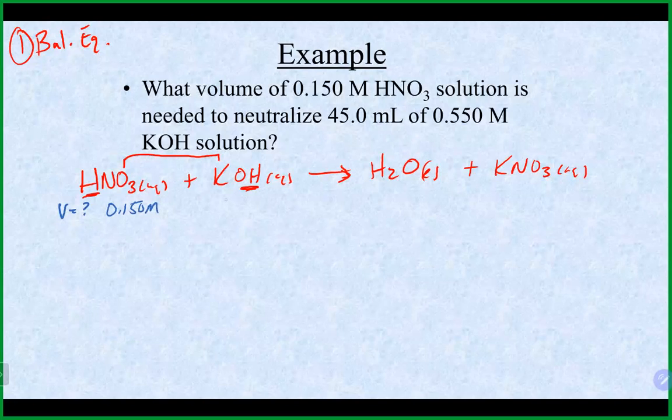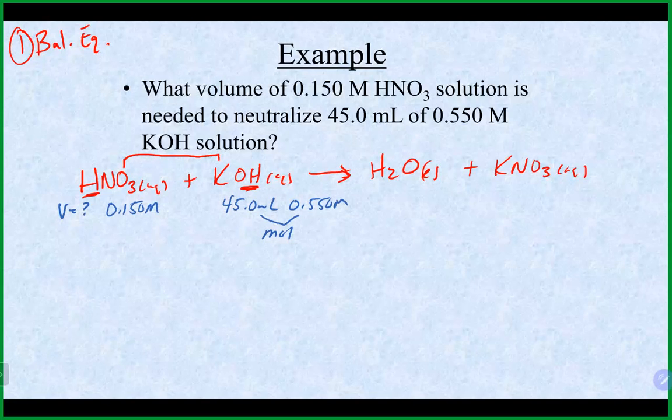For the potassium hydroxide, we have the volume and we do have the molarity as well. So first things first, we can get the moles from that piece of information. We obviously cannot get the moles of the nitric acid, so this is not a limiting reagent problem. This is just a basic stoichiometry problem.